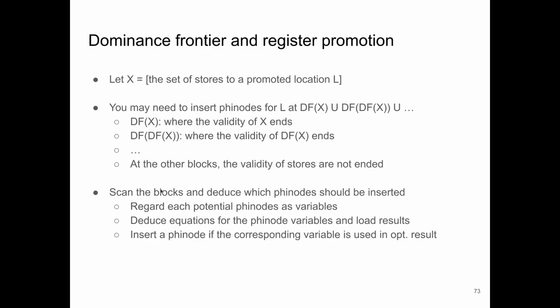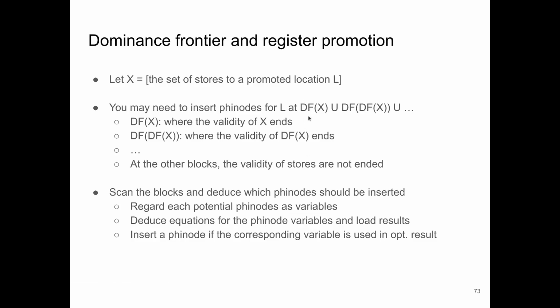And once you calculate this set, then you are going to scan the blocks and deduce which phis are actually necessary and which phis should actually be inserted. So the algorithm is like this. Regard each potential phi as a variable.